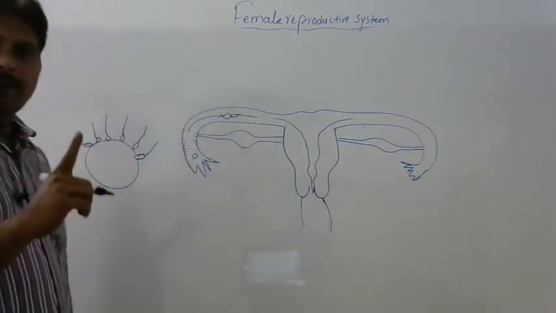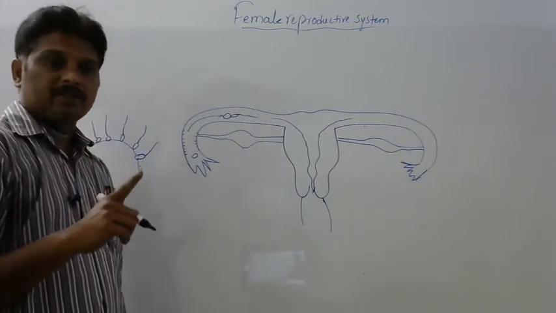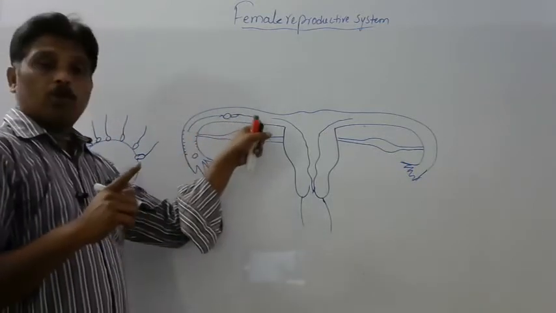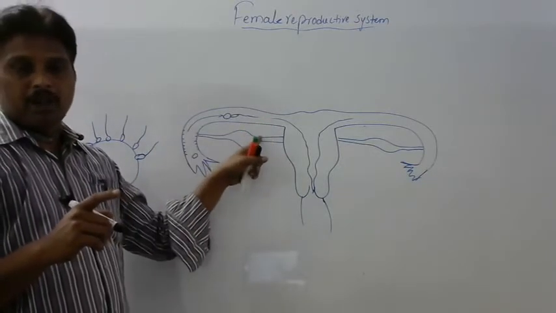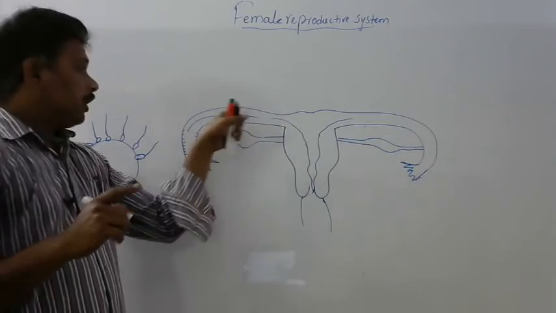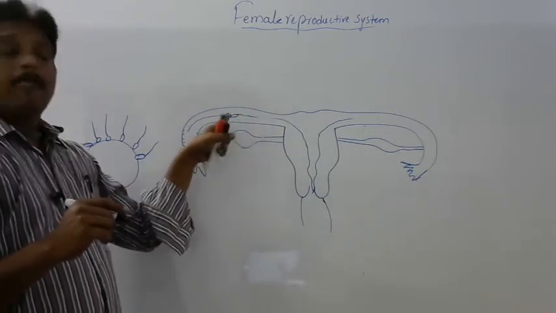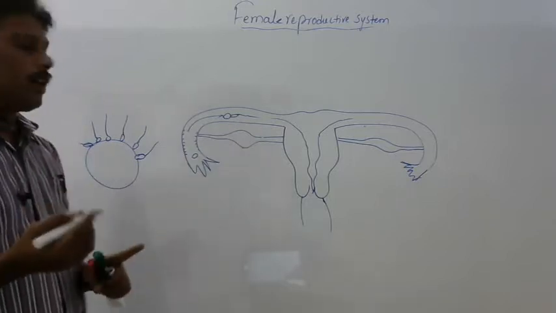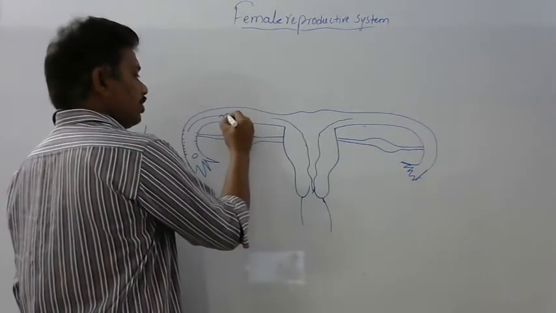Fusion of male and female gametes, or fertilization, takes place in the fallopian tube of the female reproductive system, not in the uterus. As a result of the fusion of male and female gametes, a zygote is formed, which is unicellular.